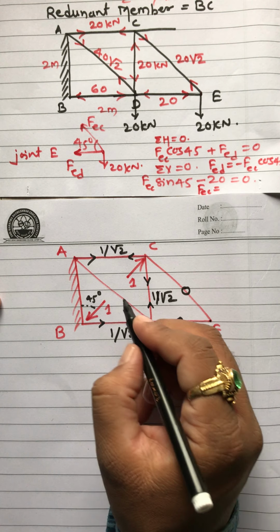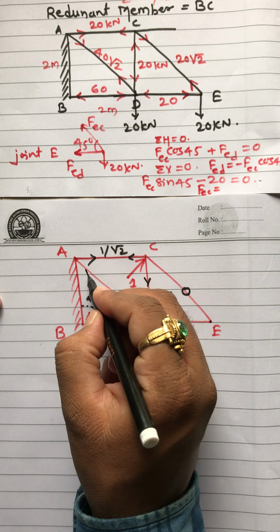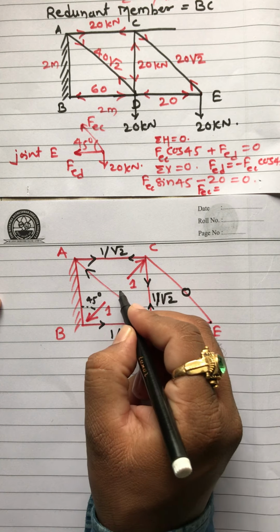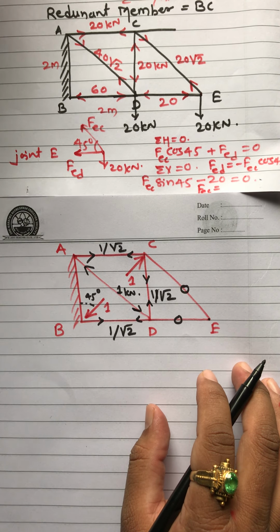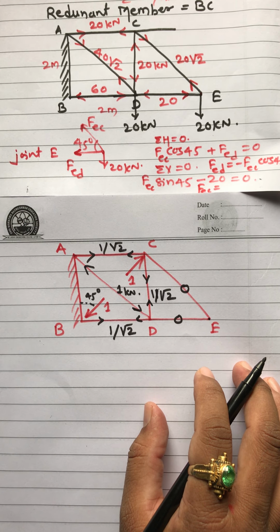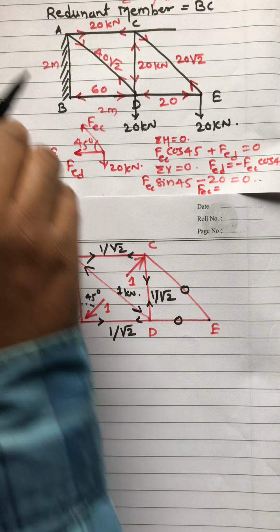And here we have 1 kilonewton along this diagonal. So these are the member forces. We have found out P and K. Now it's simple.